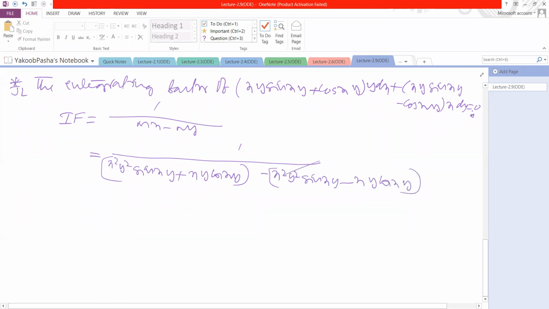Here x square y square sin xy will be cancelled. xy cos xy minus of minus, plus xy cos xy, becomes 1 by 2xy cos xy. You have to remember this as a formula.